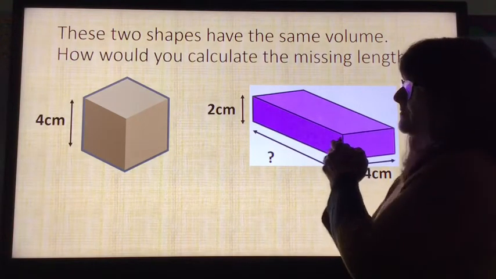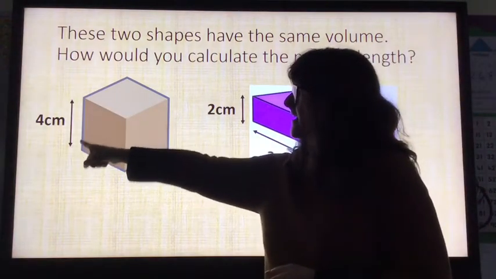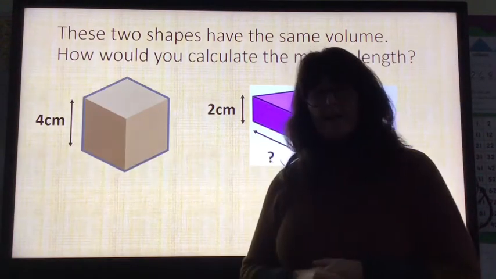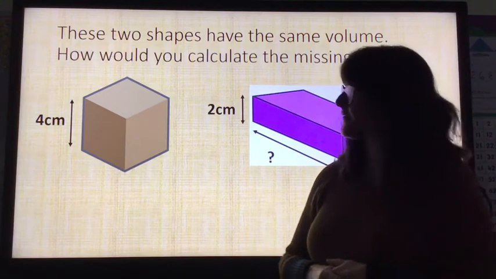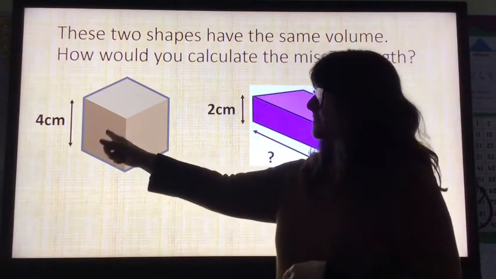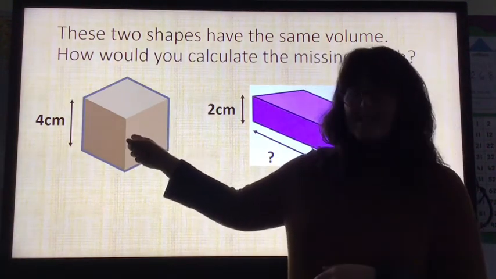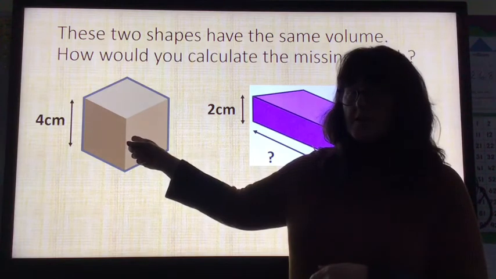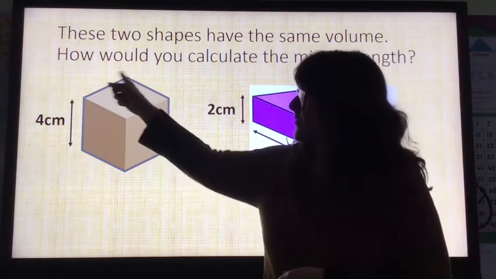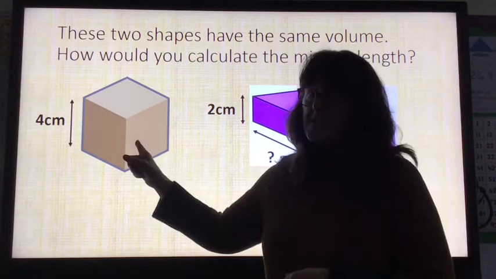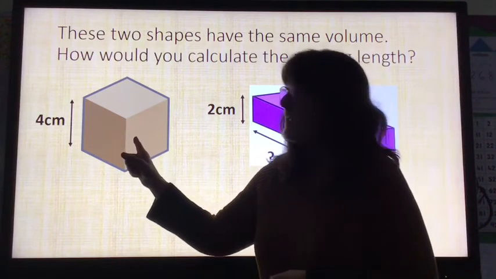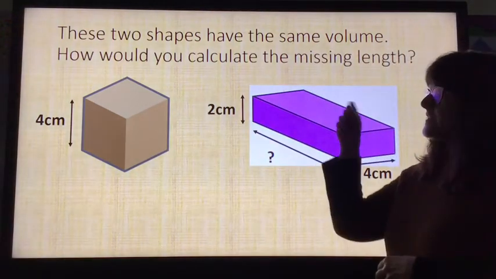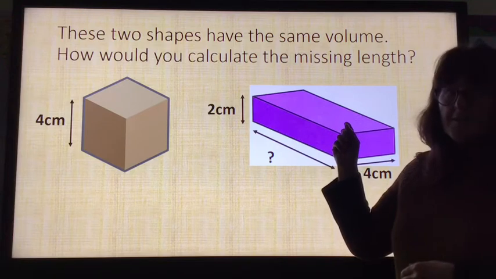They're the same volume, and you know that this cube has an edge that measures 4. So to find the volume, we need to do 4 times 4 times 4, which is 64 centimetres cubed. So if you know that the cube is 64 centimetres cubed, then the cuboid must also be 64 centimetres cubed.